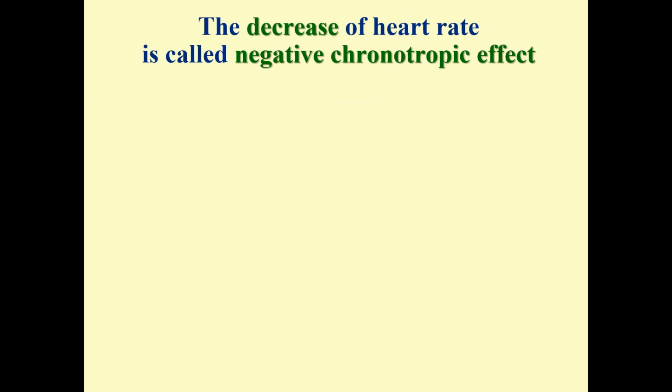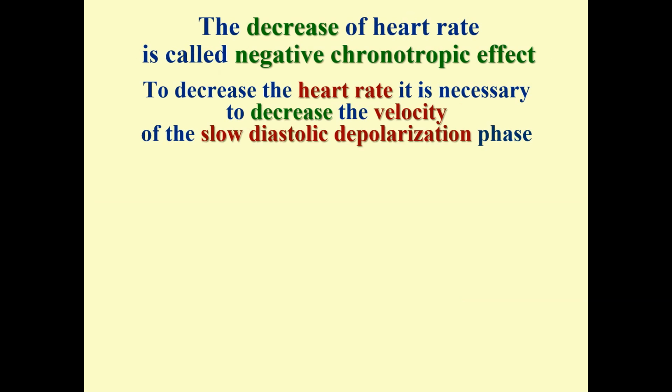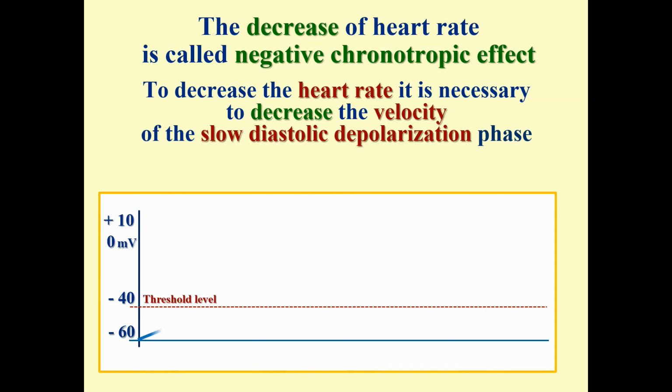Then let's consider what happens in case of negative chronotropic effect, which is achieved by stimulation from the vagus nerve. And again, similarly, we need to influence the slow diastolic depolarization. Just in this case, the vagus nerve produces even slower depolarization, decreases velocity. Again, this is the initial normal resting state.